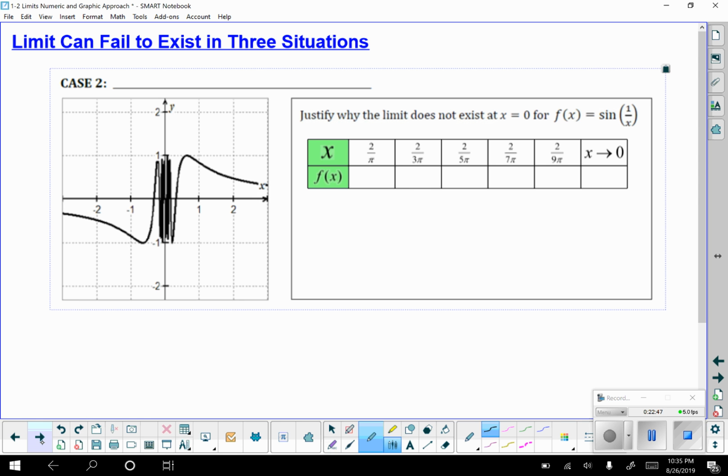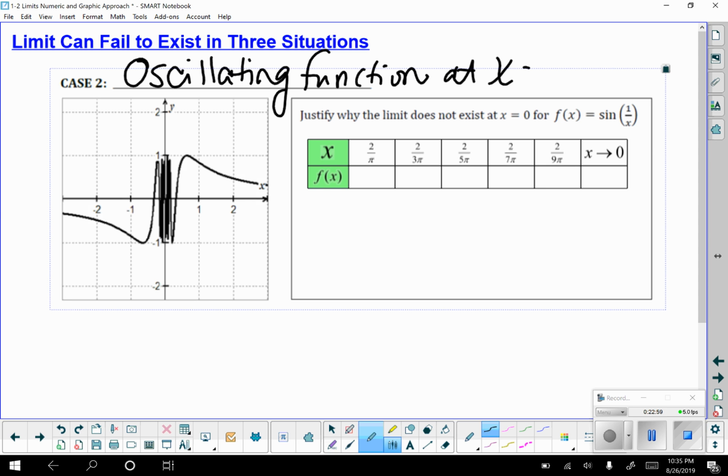Another way that a limit can fail to exist is when you have oscillating functions, and that oscillation is occurring at x equals c. For this particular one, as I approach 0, this thing's just going wonky on us.